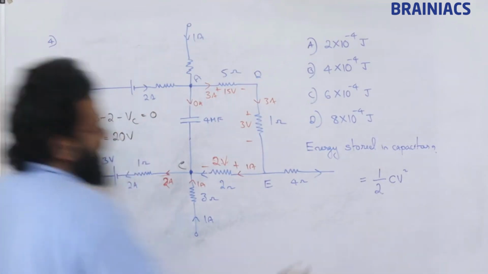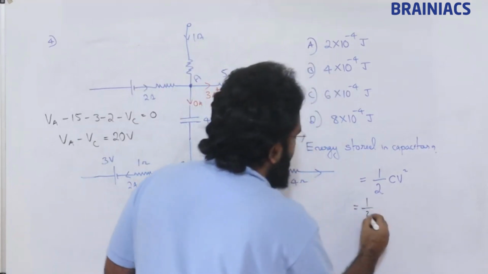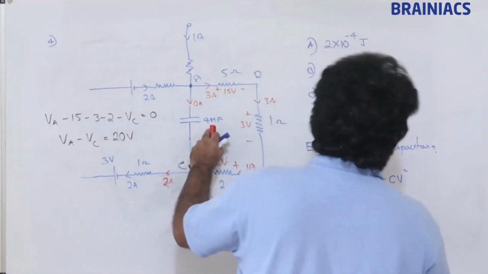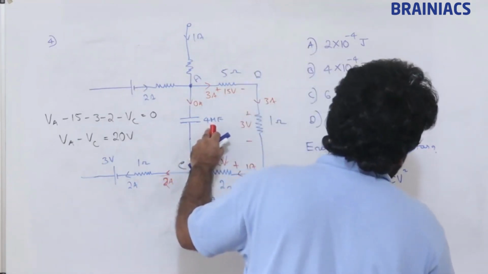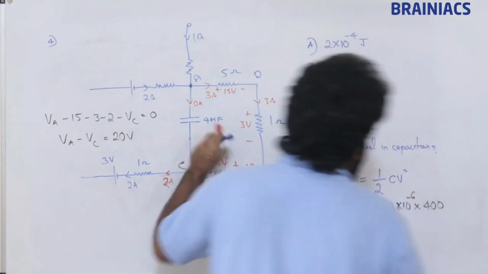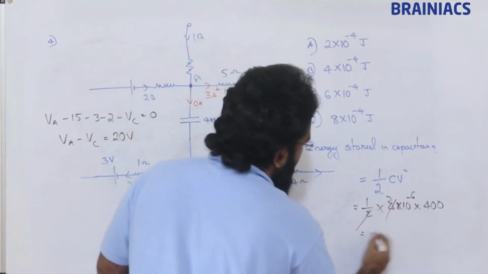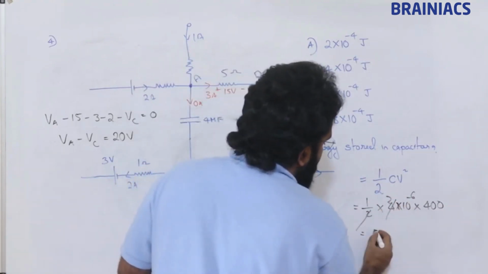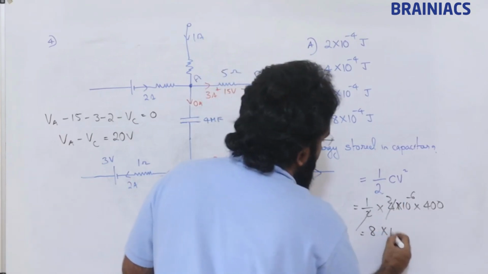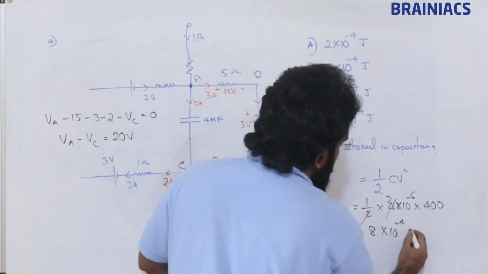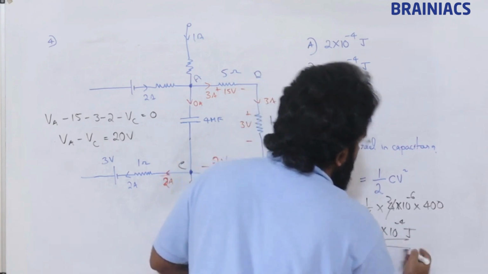20 volt. So substitute here half into, what is the capacitance? 4 microfarad. So 4 into 10 raised to minus 6 into 400. Correct? So what we are getting? 8 into 10 raised to minus 4 joules.